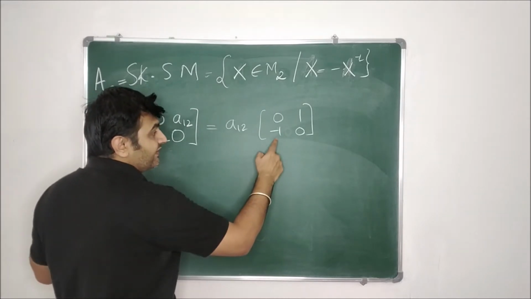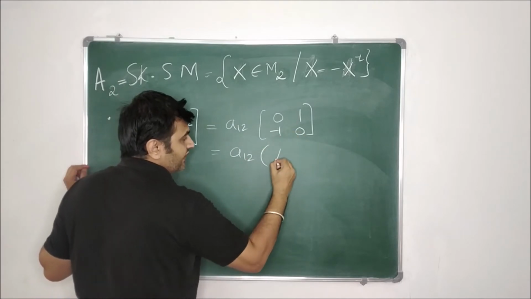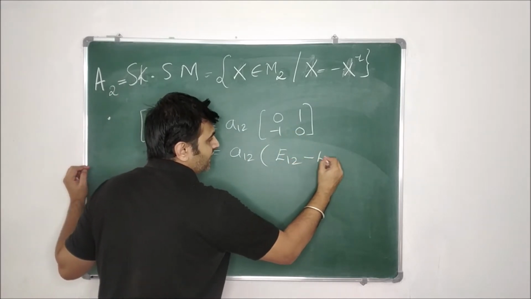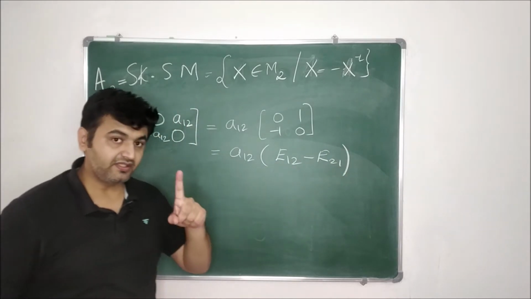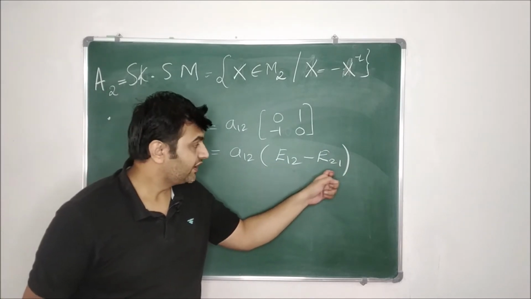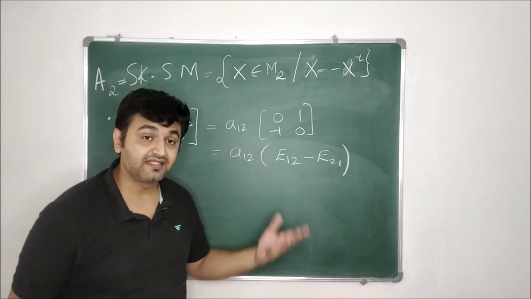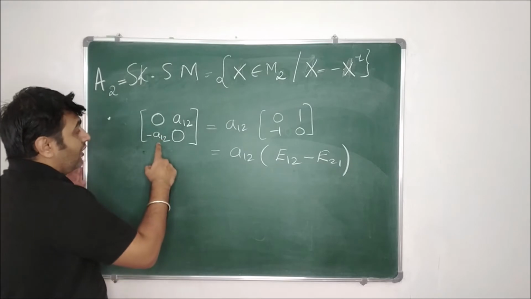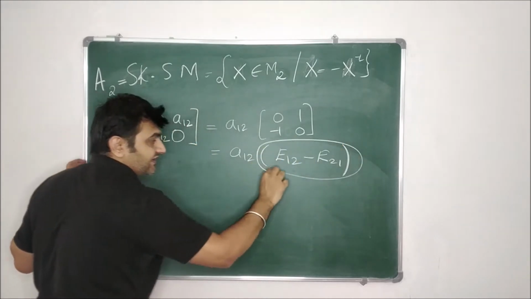So in terms of elementary matrices, this is nothing but A12 times E12 minus E21. E12 means 1 in the first row second column, E21 means 1 in the second row first column, and there is a minus, hence the minus sign. So any skew symmetric matrix is a multiple of this matrix.